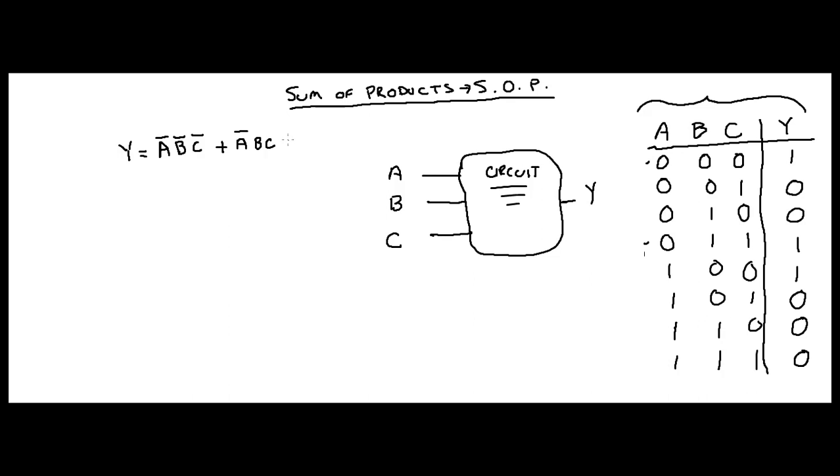Or, and we have an or sign, right? This is a plus sign. Or when A is 1, and we have B is 0, and C is 0. Get it? What we did is we just put down a Boolean expression for what we were saying in words.